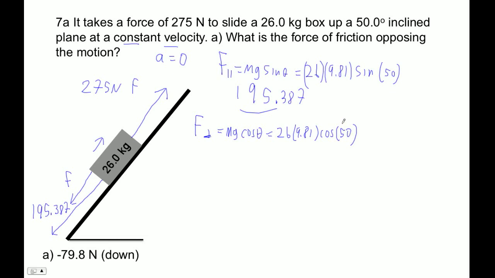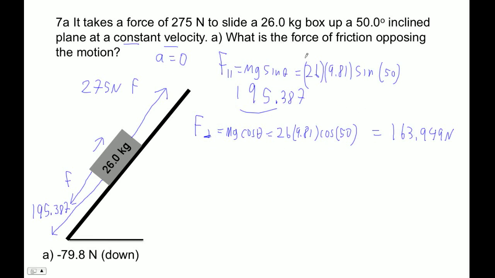So I'm going to go second entry, change my sine to a cos, and store that not in A but in B, just for fun. And I get 163.949. This will relate later, as I think it eventually asks for the coefficient of friction, so we'll use that.